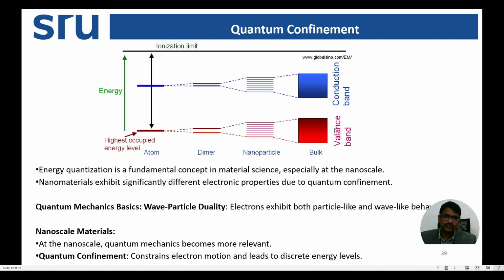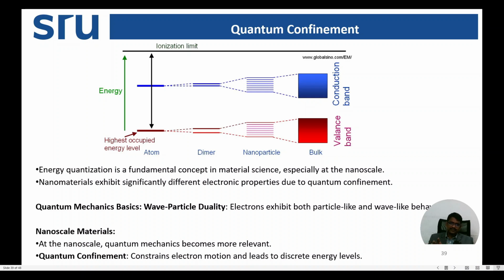So now we come to our main topic, quantum confinement. Here you can see this is the valence band and this is the conduction band. In our previous class we discussed bulk materials, what macro size, micro size, and nano size are.